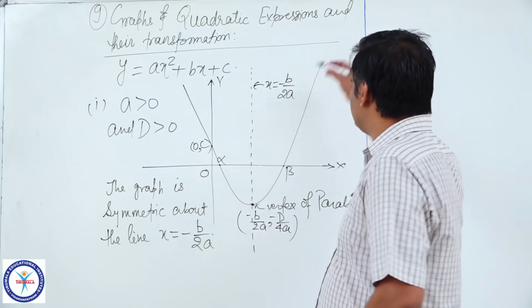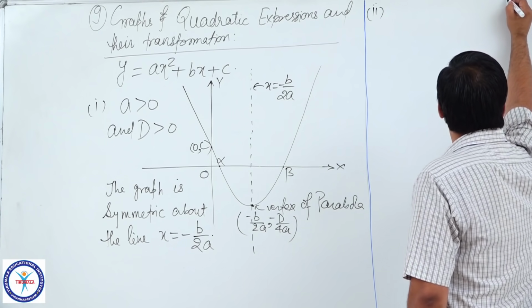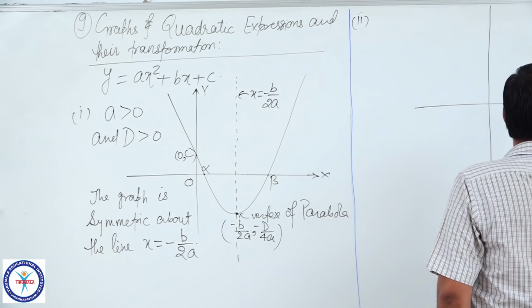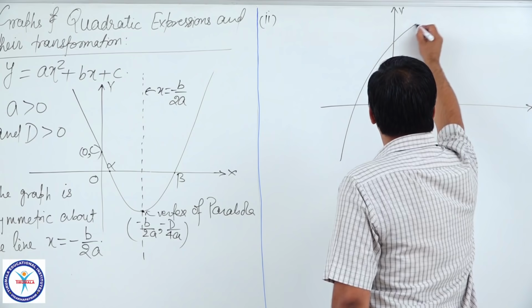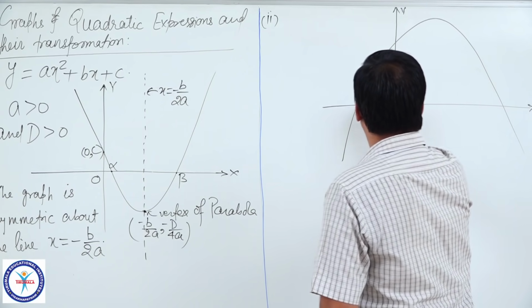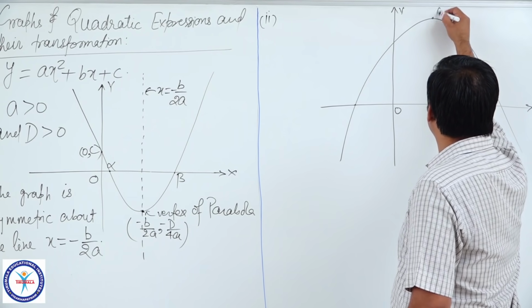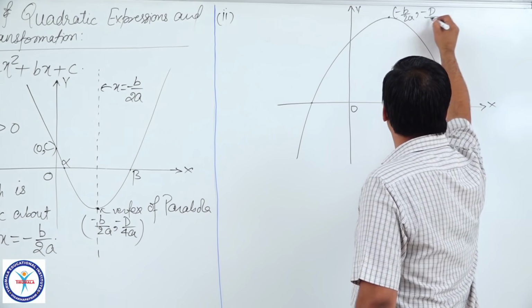Fine. Now, second is, the graph can be like this also. This is the vertex, same, (minus b by 2a, minus d by 4a).